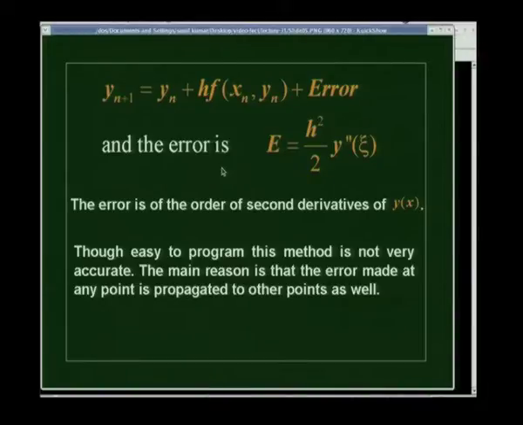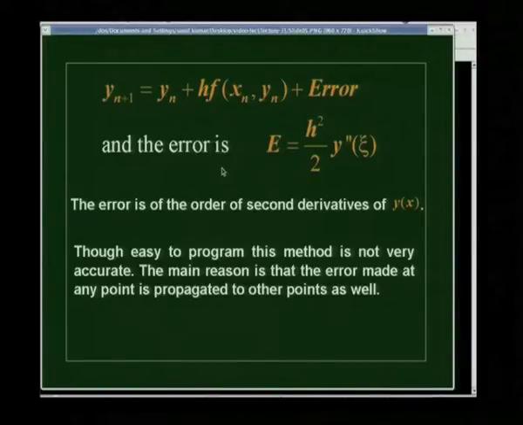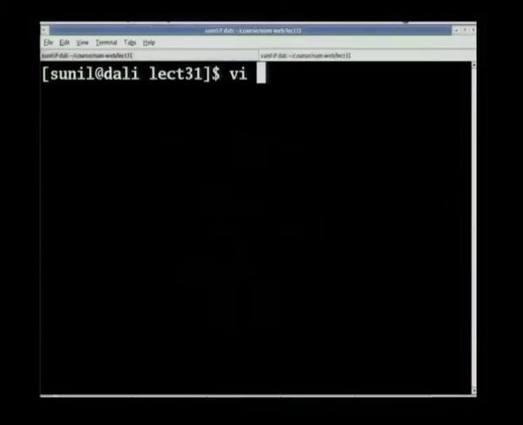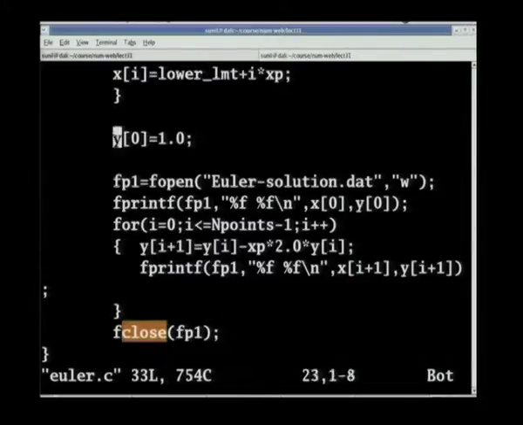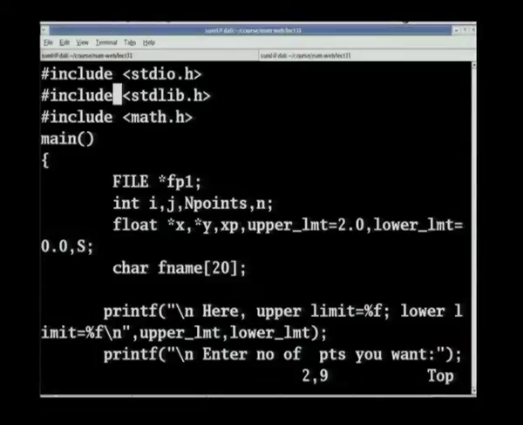Okay, so we will just see this in a program. It's very easy to program, so we will program this as well. It will be called Euler's method. The program is similar to the integration program which we had seen in earlier lectures.